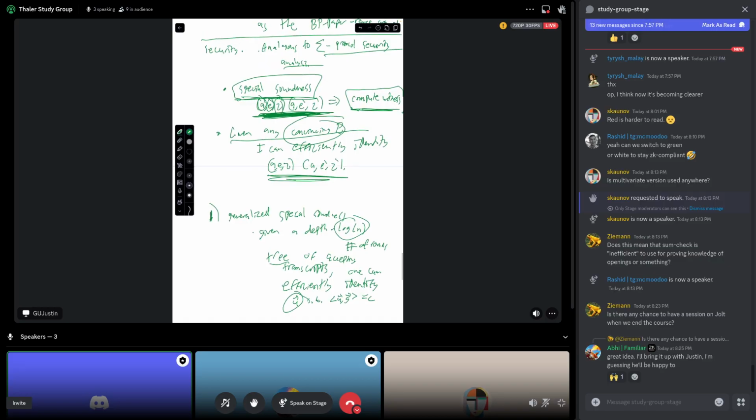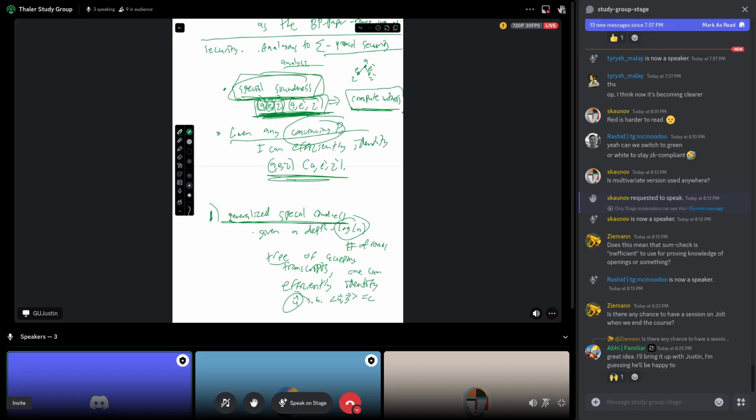Step 1 is to show that Bulletproofs itself satisfies this generalized special soundness notion, which is analogous to special soundness. The 2 transcripts in special soundness form a depth 1 tree. The first message is A, the second message is E in the first transcript and E prime in the second, and then the leaf is labeled with Z and Z prime.